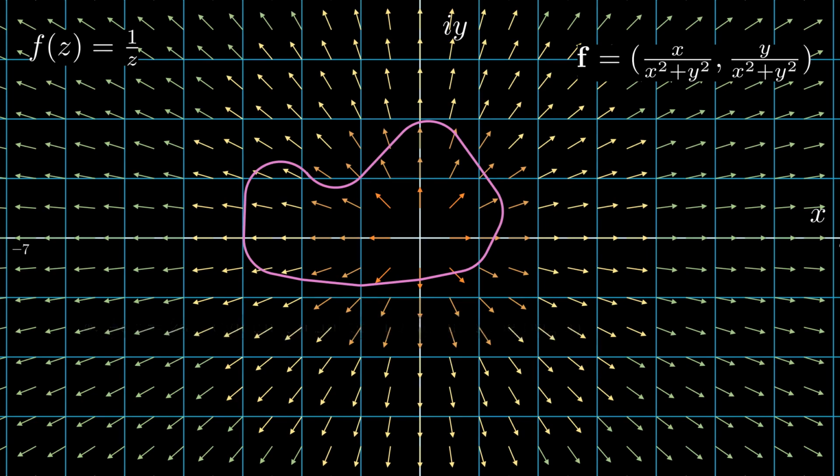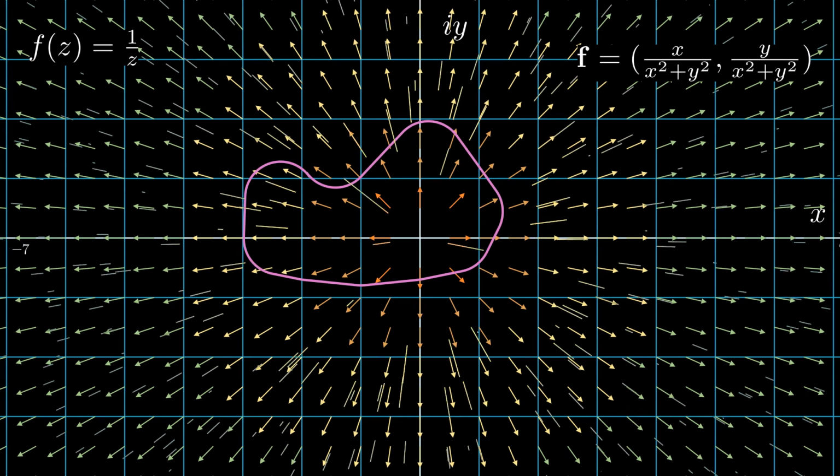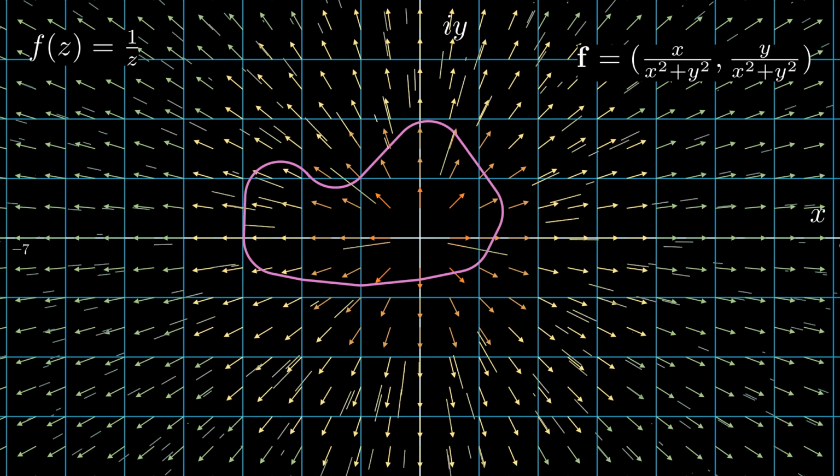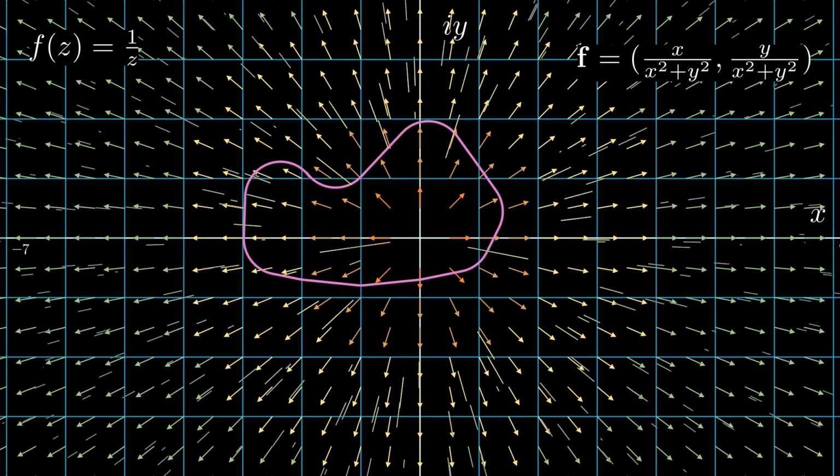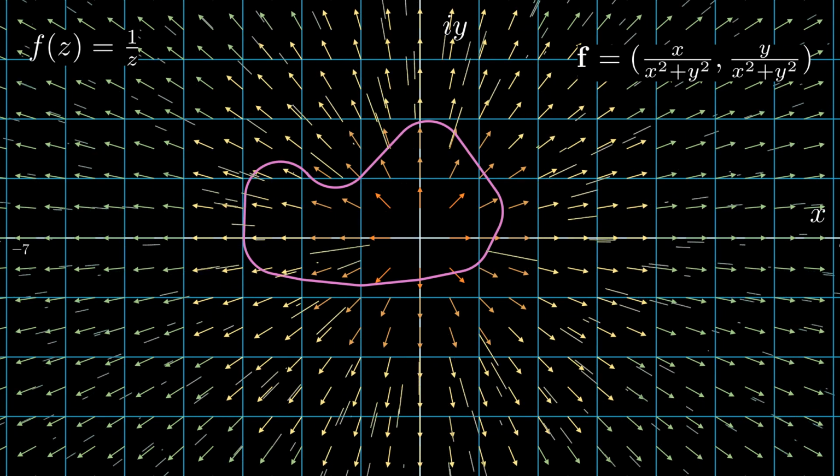Finally, something interesting of note. We know that 1 over z is holomorphic everywhere on the complex plane except at the origin. Because of this, the divergence is not defined at the origin. Although it seems like more fluid is flowing into the sphere than out, the magnitude of the flow is also shrinking as it radiates outwards, so the total fluid in and out of the sphere is the same. This is not the case when we include the origin.